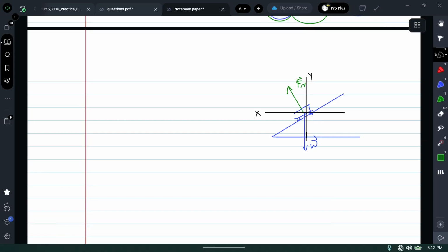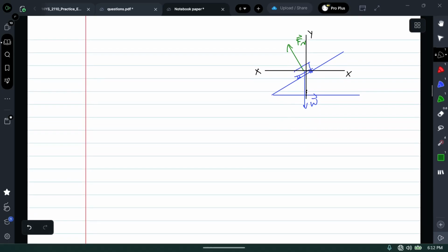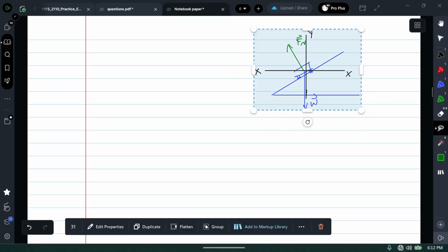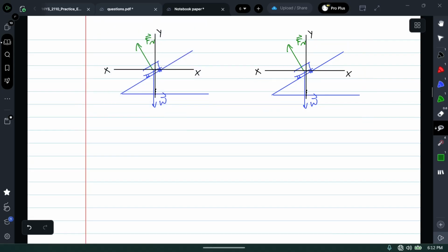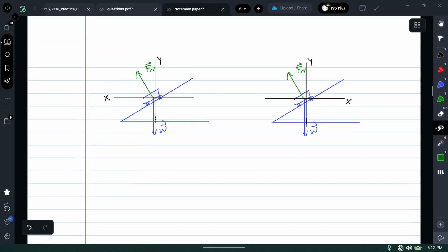The first question I'll address is, why were they not chosen the way we're used to, where the positive x direction is to the right? Why did they say to the left here? The answer is it does not matter, and I'm going to show it to you. So we'll imagine two worlds, one in which the positive x direction is to the left, and one in which it is to the right.